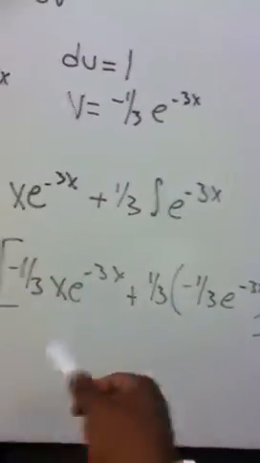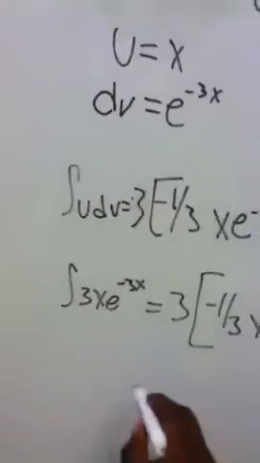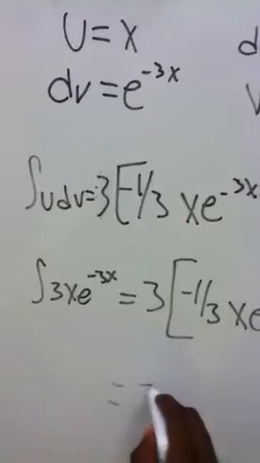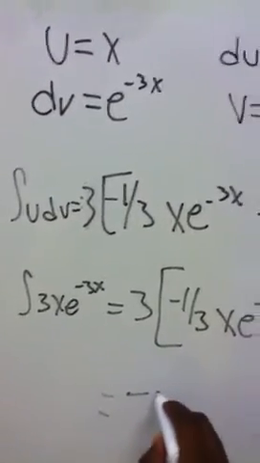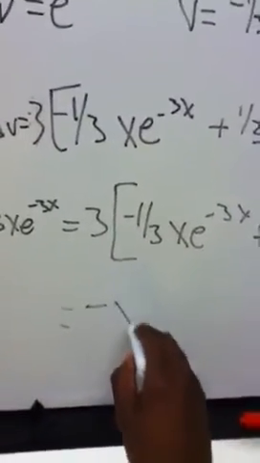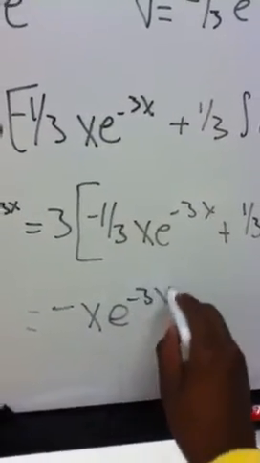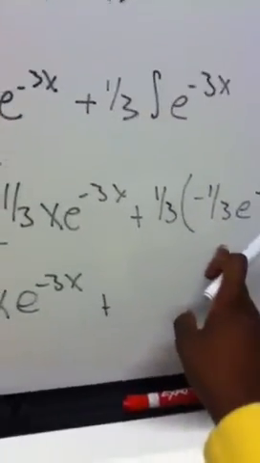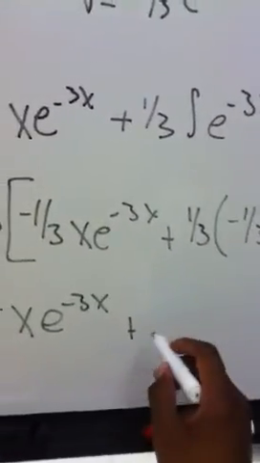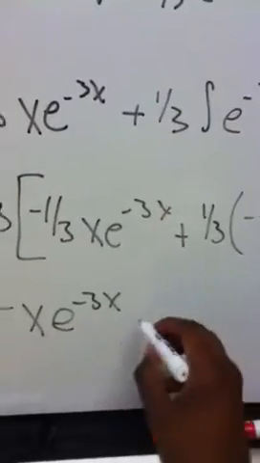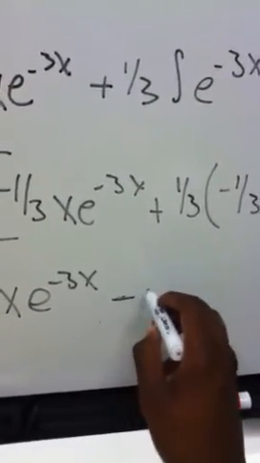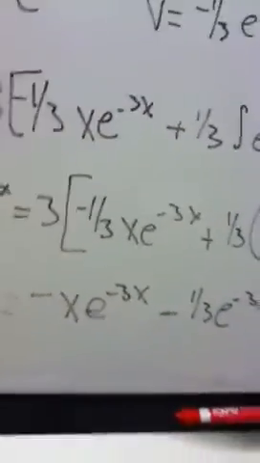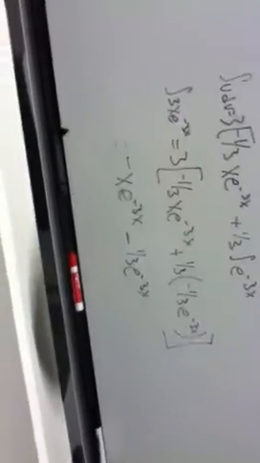Then multiply your 3 out to both of these. 3 times negative 1/3 is just negative 1, so negative x e to the negative 3x, plus, that was multiplied out to be negative 1/9 times 3, which is negative 1/3. So minus 1/3 e to the negative 3x. And that would be your final answer.